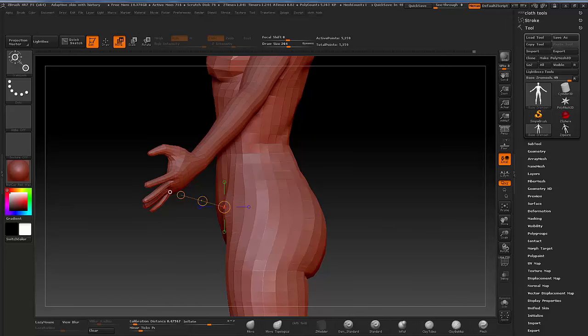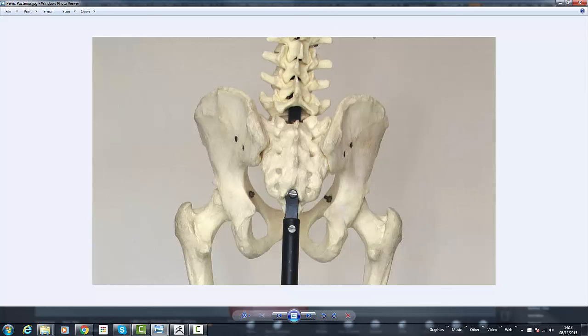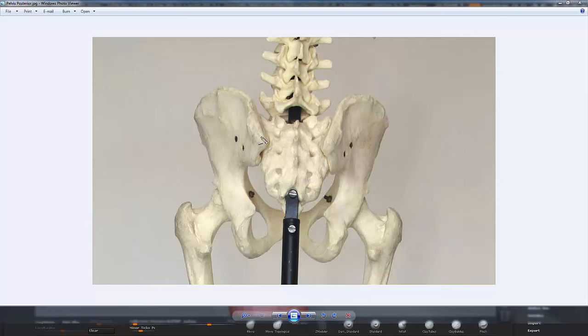And those dimples, if I bring up our picture here, those dimples are right here. Okay, so you've got the anterior superior iliac spine at the front, as I just mentioned, and then you've got the posterior superior iliac spine. Posterior means the back, anterior means the front, superior means there's a higher up portion of it.